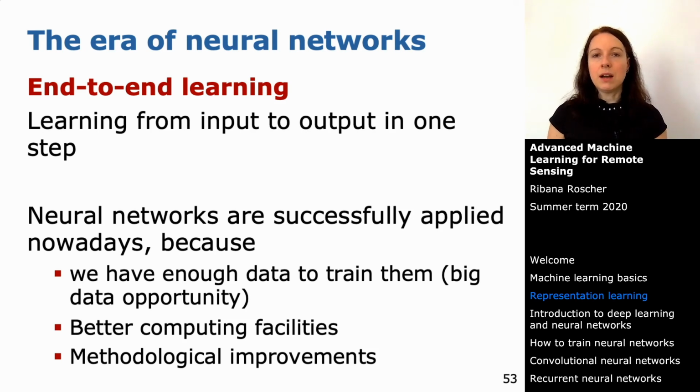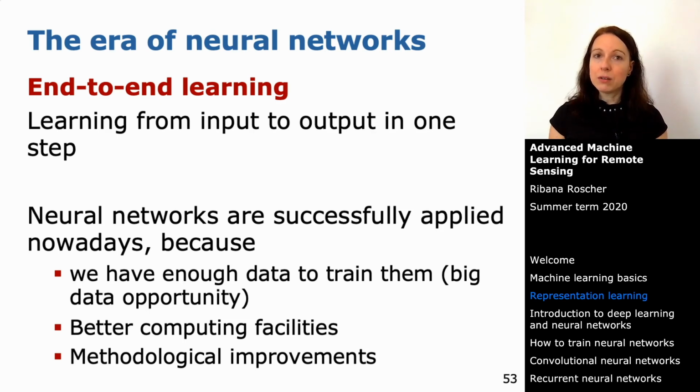And neural networks are successful nowadays because, first of all, we have enough data to train them. I'm sure you heard about the big data opportunity. Then you have better computing facilities for neural networks. You mostly need graphics cards if you want to process all the data and learn the parameters of your models. And also you have improvements in the methods.